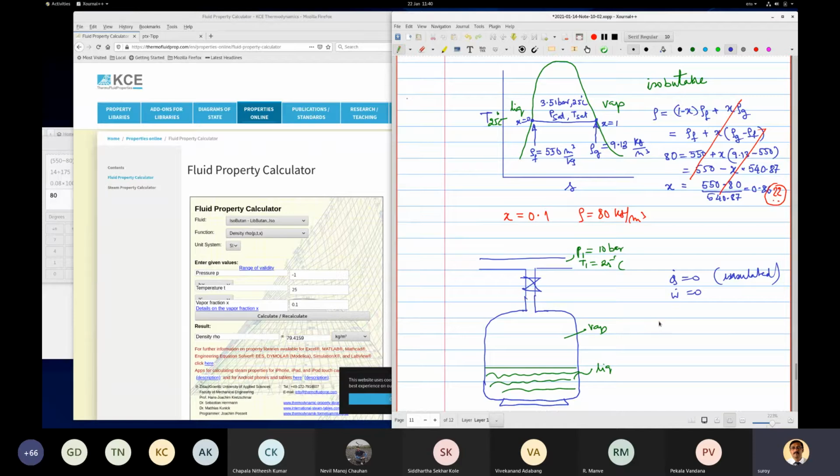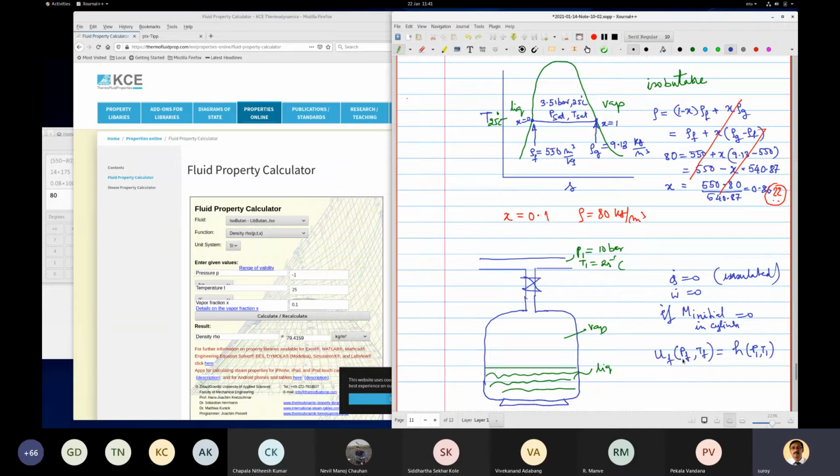Then, like we have done the calculations before, initially if M initial in the cylinder equal to 0, then we know that U final at some P final, T final will be equal to H. We have done previously P1 header and T1 header. That is what we get.